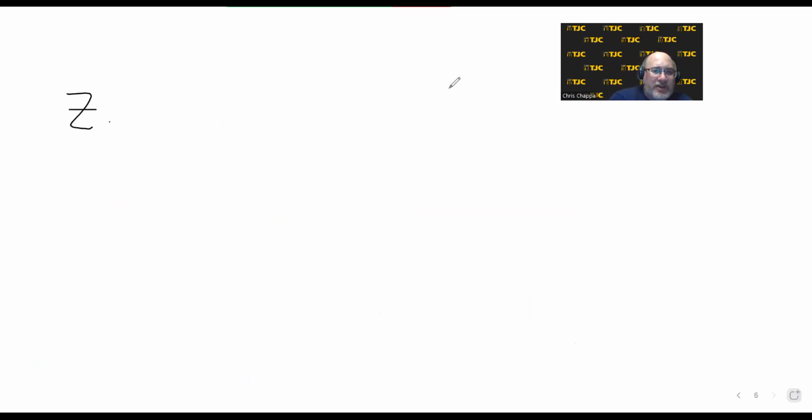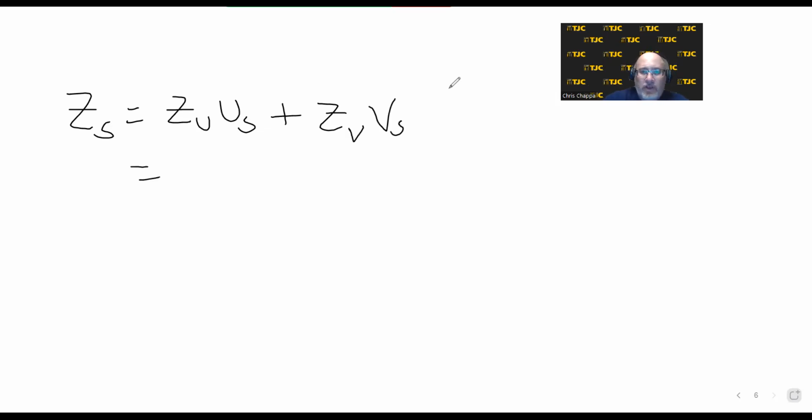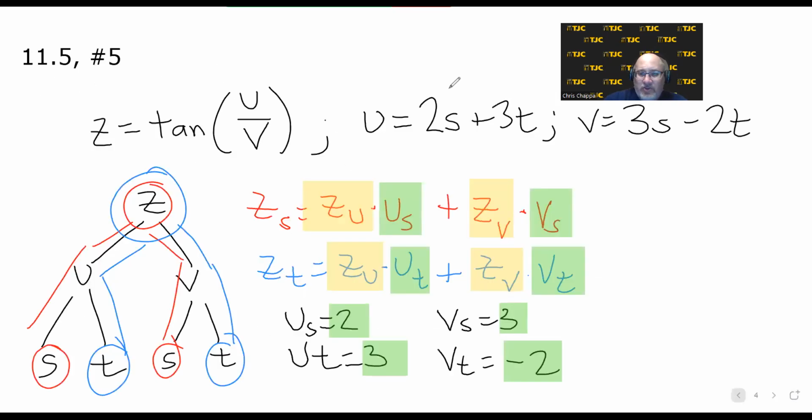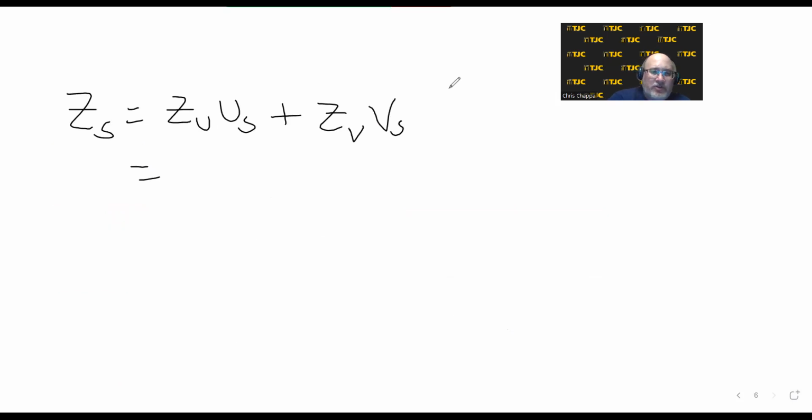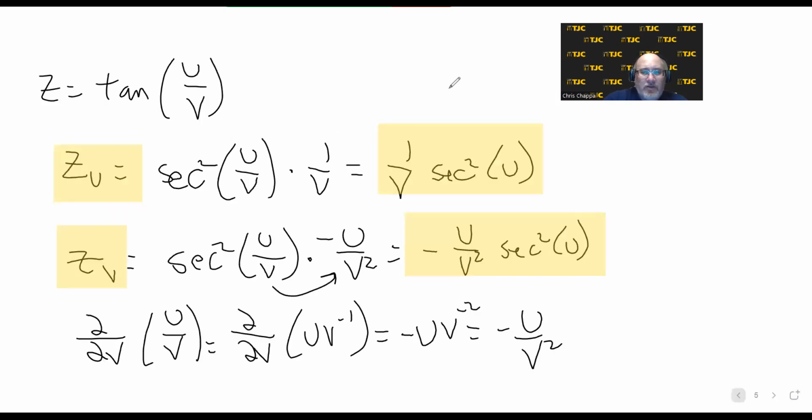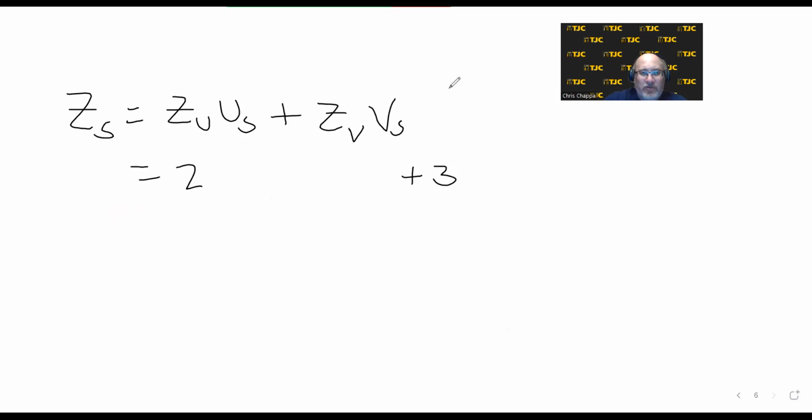So, partial of z with respect to s is partial of z with respect to u, partial of u with respect to s, plus partial of z with respect to v, partial of v with respect to s, which is, okay, us and vs. Those are 2 and 3. So let's go ahead and bring those in. 2 times, and then 3 times us and vs is what I just wrote down.